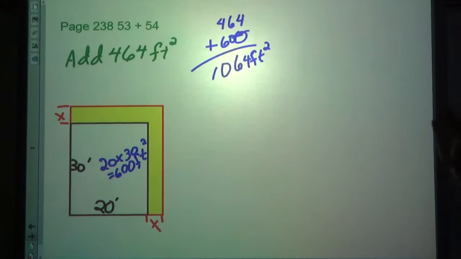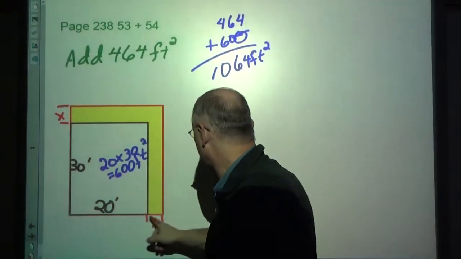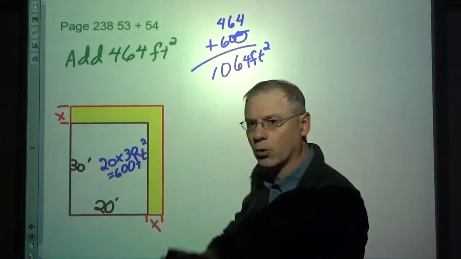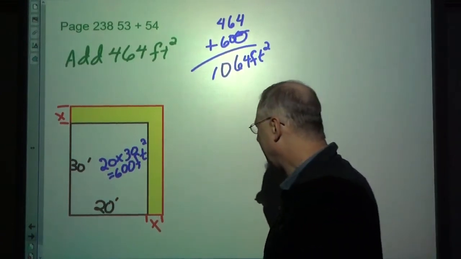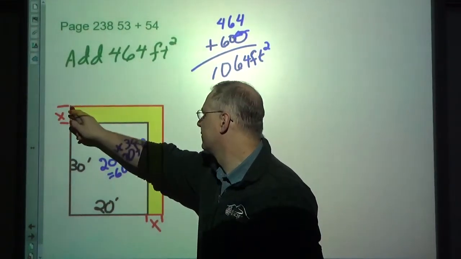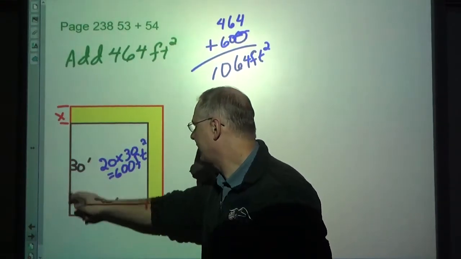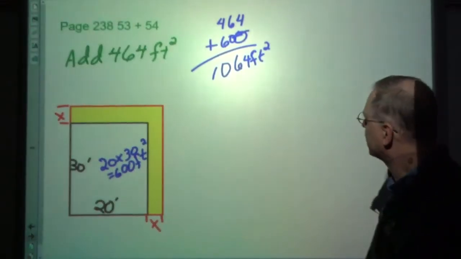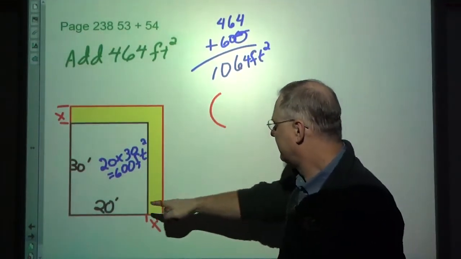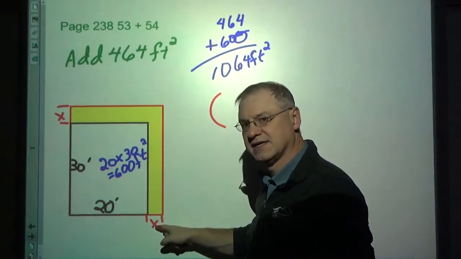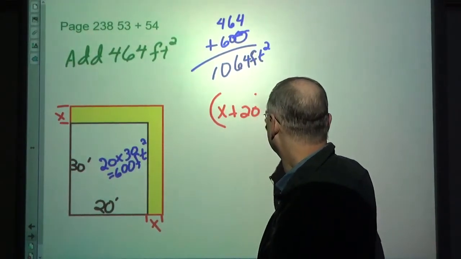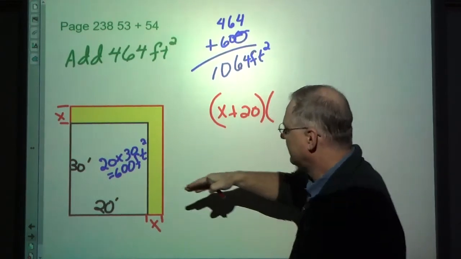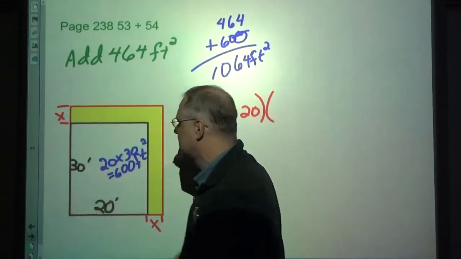Well, that would be the area of this red rectangle, right? That whole thing. The old plus the new together. How can I find the area of that rectangle? Well, couldn't I say that this much plus this, that's the base. So x plus 20, and then this distance is 30, and then x more.